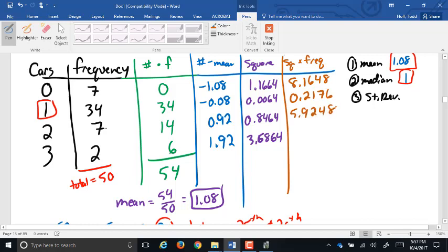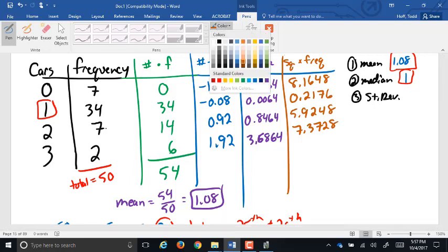And 2 times 3.6864 is 7.3728. Now we can add those up.